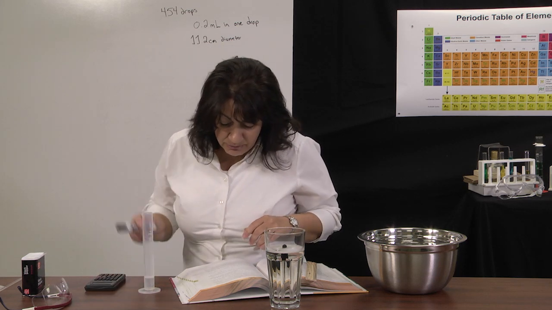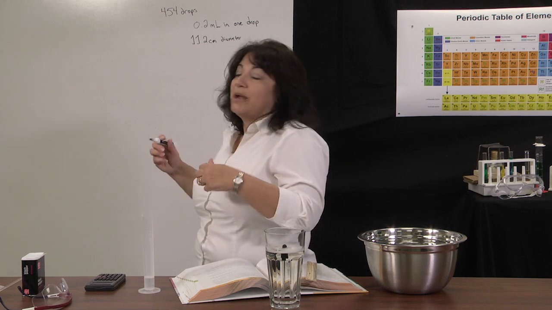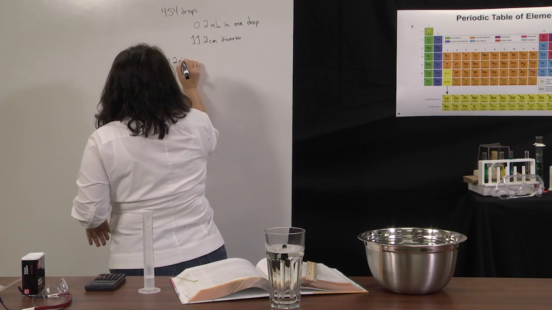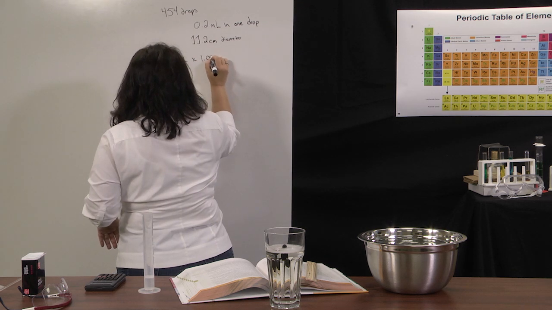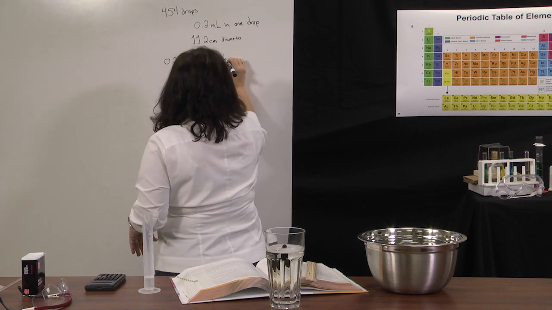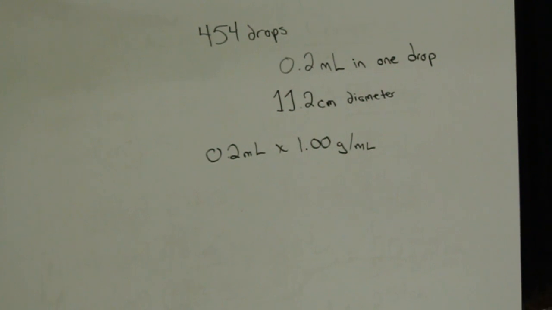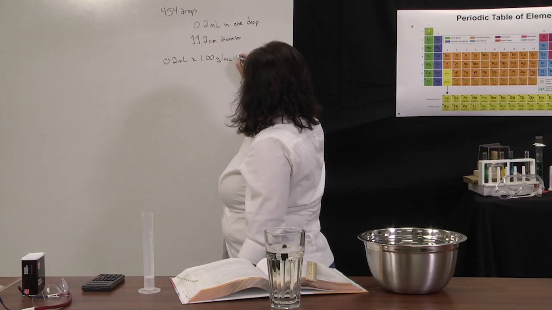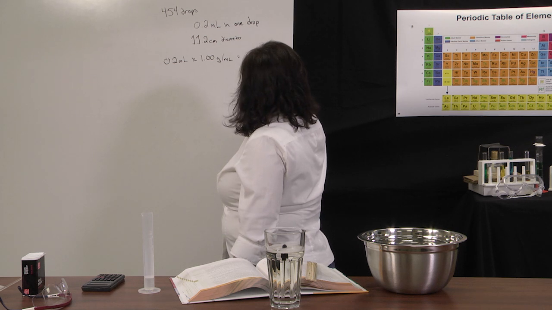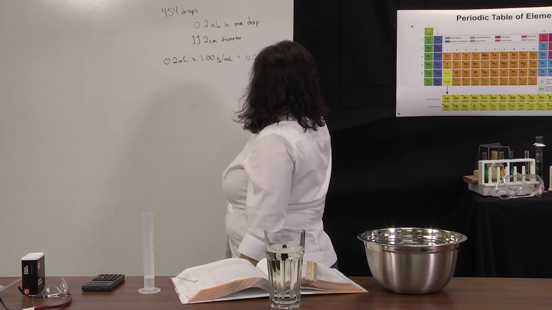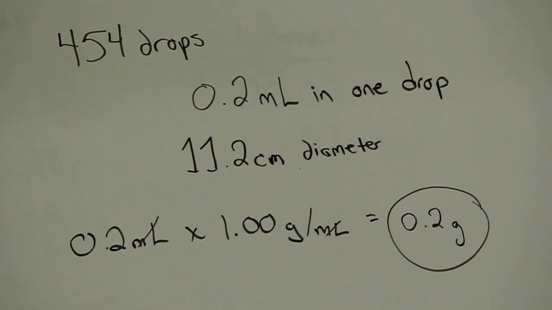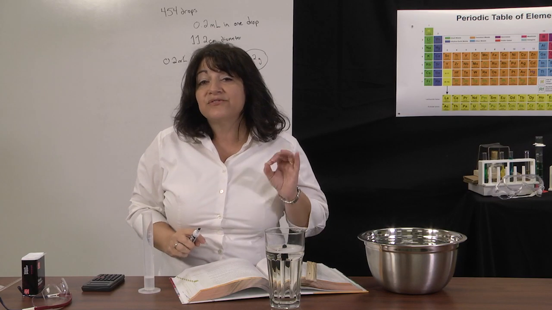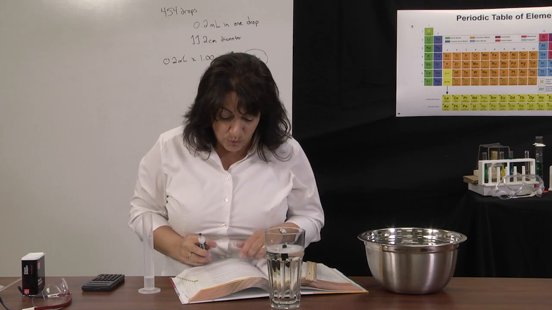So we're going to take the volume of the drop times 1.00 grams per milliliter. 0.2 milliliters times 1.00 grams per milliliter. And of course, we're going to get 0.2. Our milliliters are going to cancel grams. Okay, that's the number of grams of solution that was added to our water.